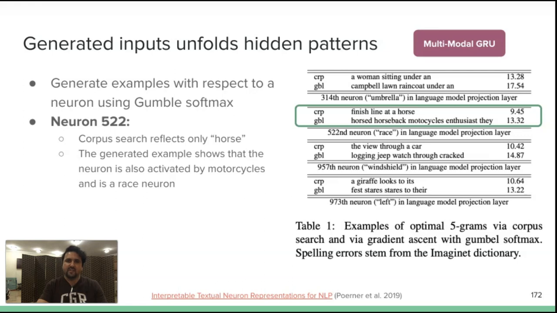However, when you generated additional context for this neuron, you can see that it activates for motorcycles as well, suggesting that it's a general racing neuron and not just limited to horse racing as we speculated earlier. So this shows that an additional piece of information can surface via this method, and it is potentially helpful to strengthen the interpretation.